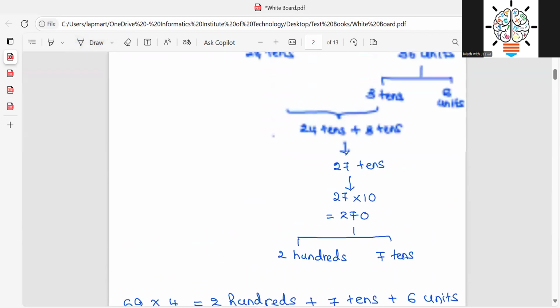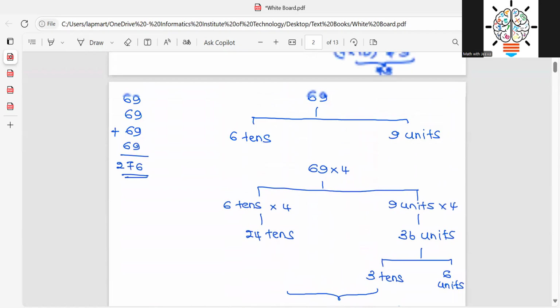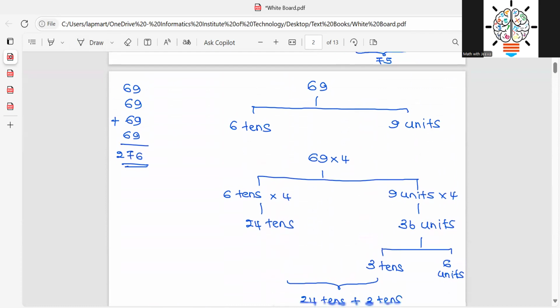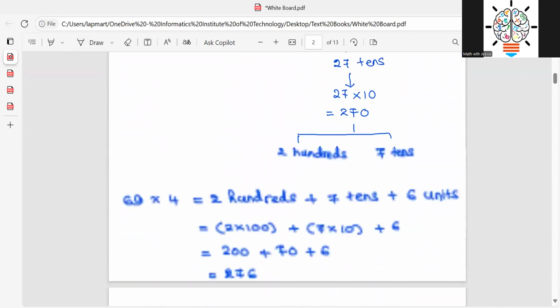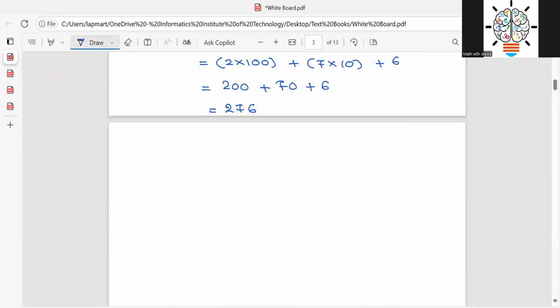This is kind of a long method. You don't want to do these things in the exam. I'm just showing that when you add 69 four times and when you multiply 69 by 4, you get the same thing. So what is the conclusion then, right?